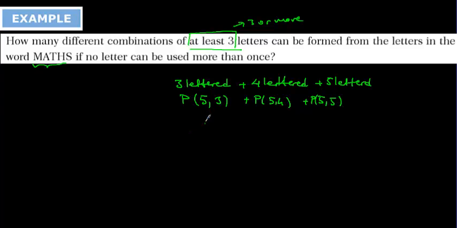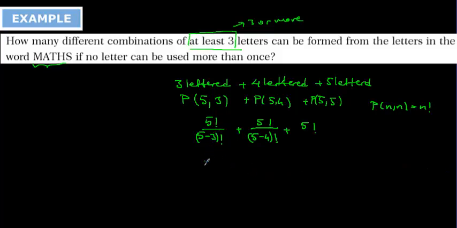This is equal to 5 factorial over 5 minus 3 factorial, plus 5 factorial over 5 minus 4 factorial, plus 5 factorial directly, because we know that permutation n with n is equal to n factorial.